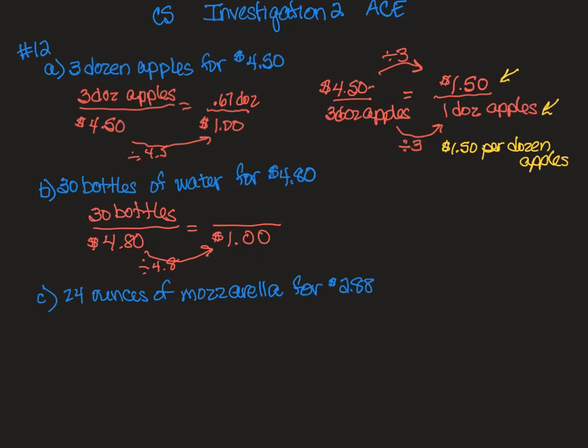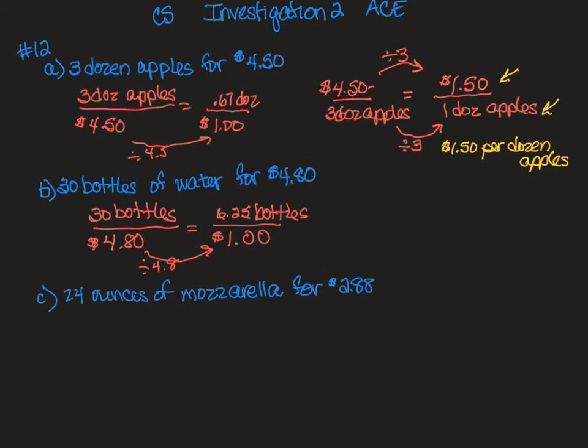So I also have to divide the top by 4.8. So if I take 30 and divide it by 4.8, I'm going to get 6.25 bottles. And that is going to be hard to buy. So I know I can buy 6 bottles. I could buy a little bit more, but I'm not going to get 3/4 of a bottle, or 1/4 of a bottle. So that's just going to be $1.